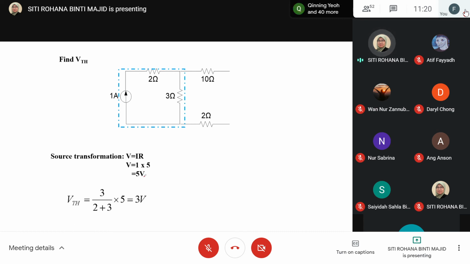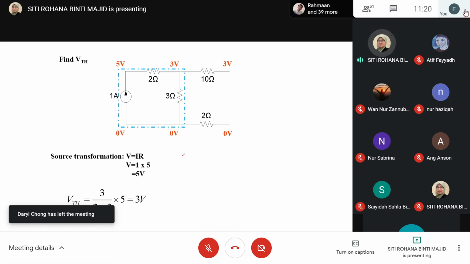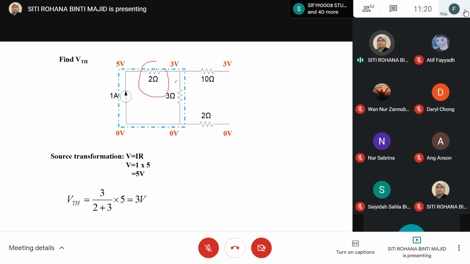Then you can calculate the VTH after you remove all the sources, as I showed before, and you will get VTH as 3 volts. So be careful with the arrangement of these 1, 2, and 3 ohm resistors to make sure your calculation here is correct.